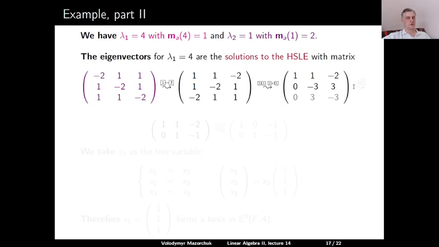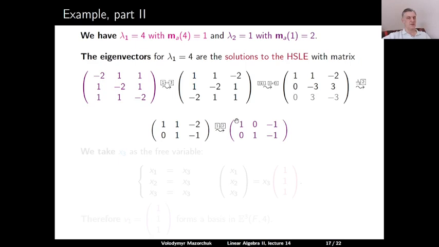We see that rows 2 and 3 are linearly dependent, so we can delete row 3, and we divide row 2 by minus 3. So we get the matrix 1, 1, minus 2, 0, 1, minus 1. Now we use this 1 to kill this 1, so we subtract row 2 from row 1. Row 2 is the same, row 1 becomes 1, 0, minus 1. This is our row echelon form.